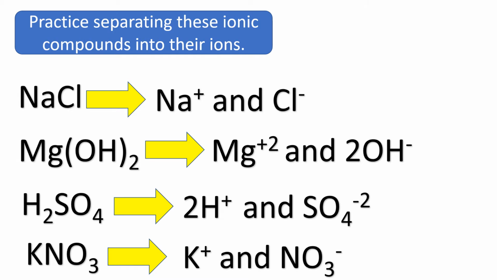Again, if you didn't know that, you could have figured it out from the formula because you've got 1 potassium, which is plus 1, so the nitrate must be minus 1 in order for that to balance. Again, you would be expected to know it though: hydroxide is OH-, the sulfate is SO4 2-, and the nitrate is NO3-.